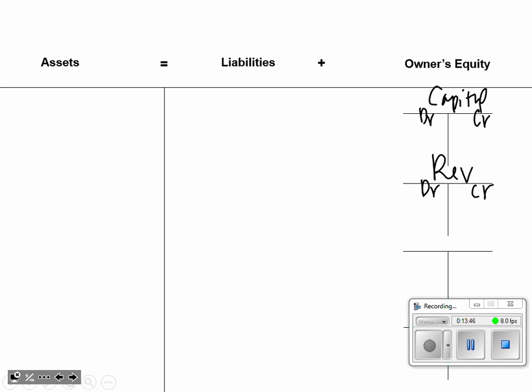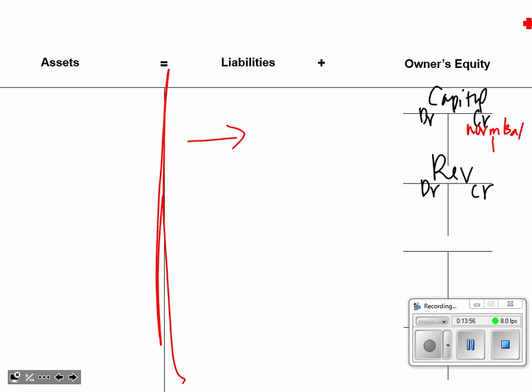We are on the right side of the big T. So we're going to be on the right side of the baby T's. That's where normal balance is. Normal balance also means plus. Opposite of the normal balance side is minus. Mars likes to star normal balance. We've left two accounts off, haven't we? Let's not talk about those two just yet.